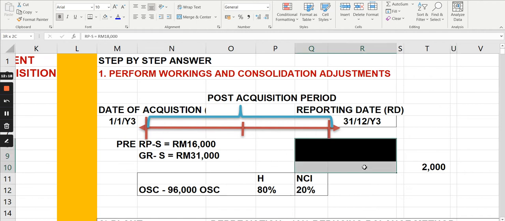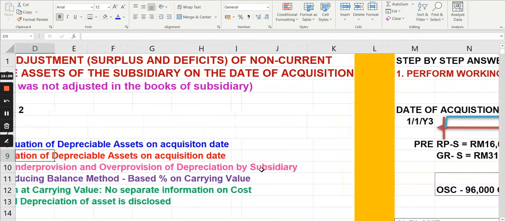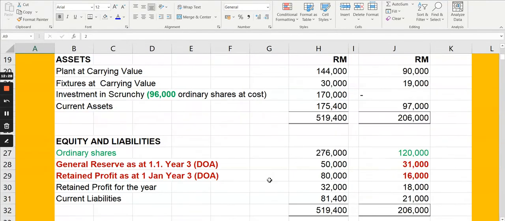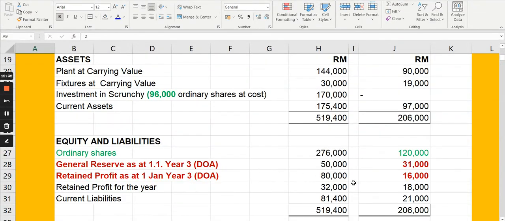What is the reserve available at the end of the year? You have to look at the reserves given as at the end of the year. If you look at the general reserve of the subsidiary, there was no change, because it was still 31,000.